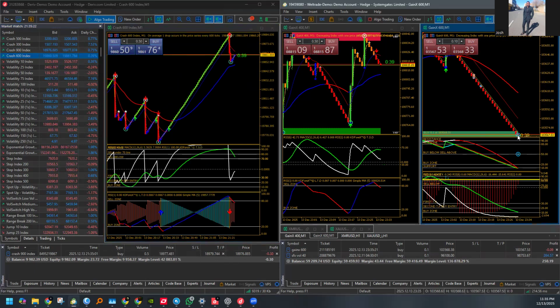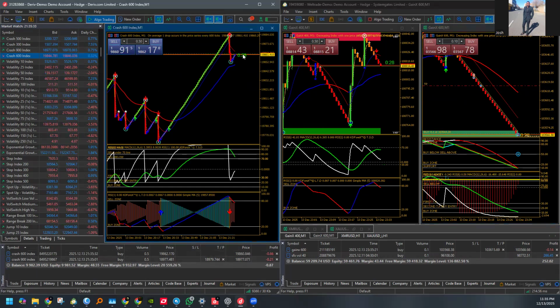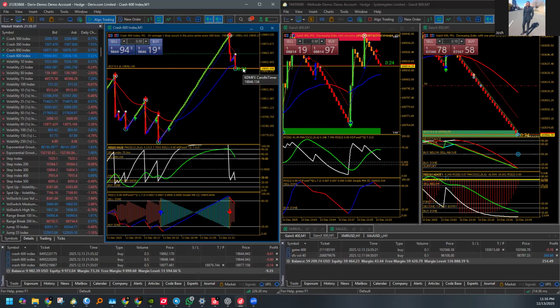So at this point, I believe this is when someone's going to take advantage with a buy at this point. So this one, let me see. How good is this one? Oh, this one seems to be doing something. So 900, is it 600?